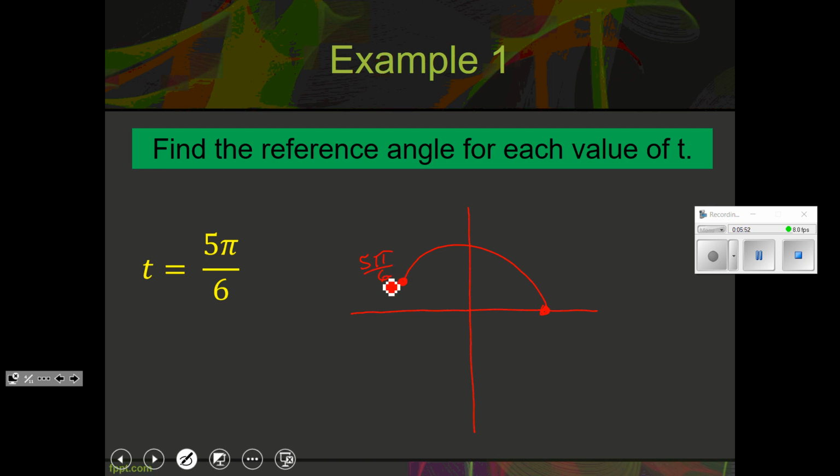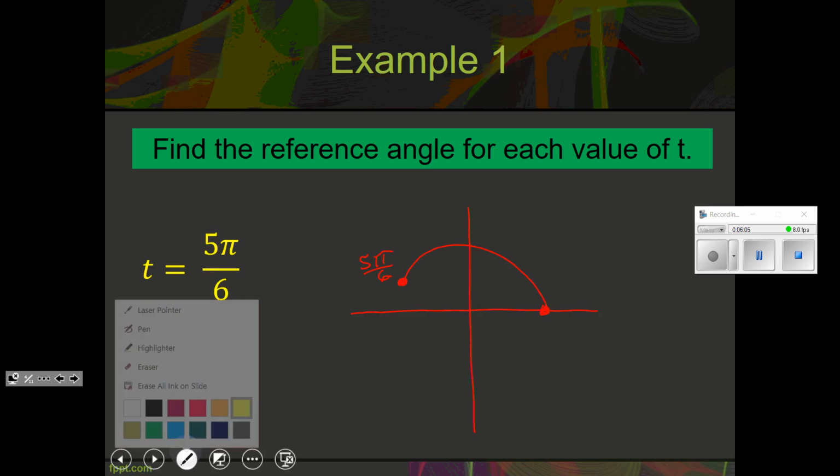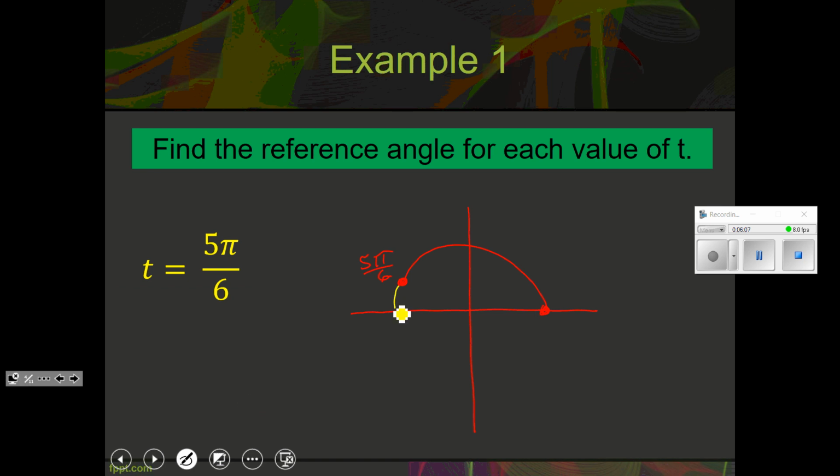If I want to know the reference angle, by definition it is the shortest distance to the x-axis. So the shortest distance to the x-axis is going to be here. There's your reference angle. So how much would it be? We've already done this. Pi over 6. Does everybody understand why it would be 1 pi over 6?